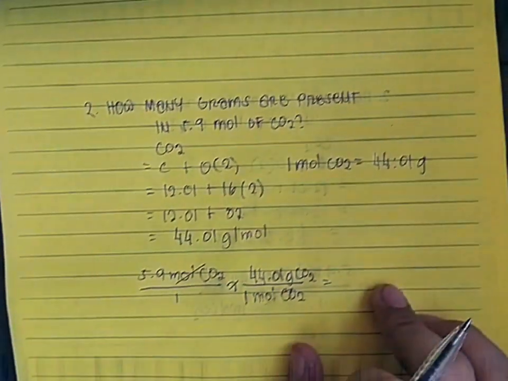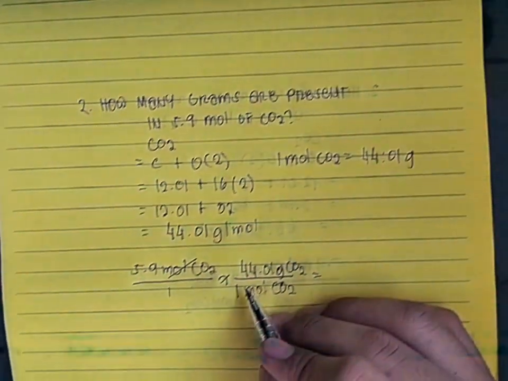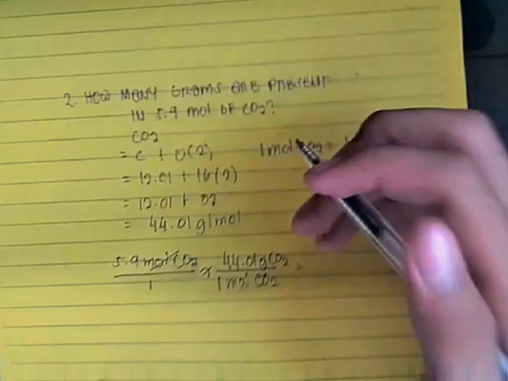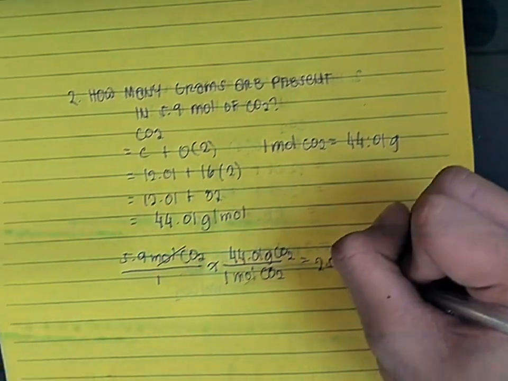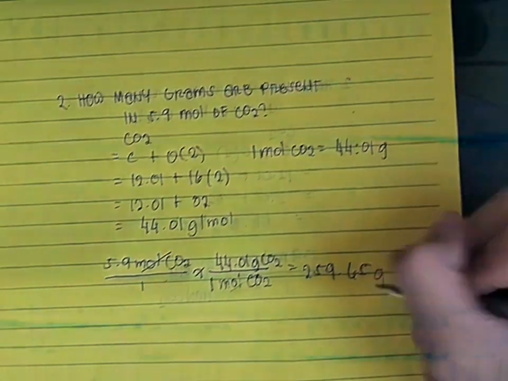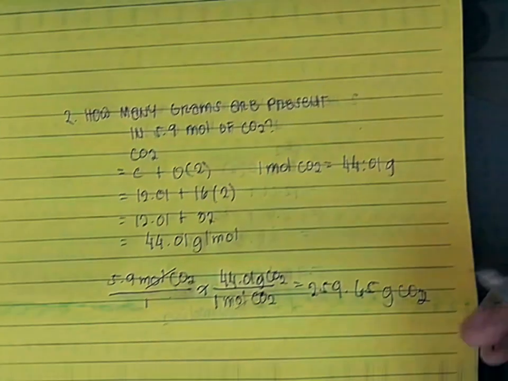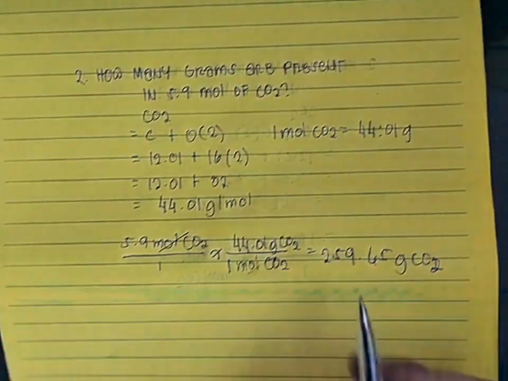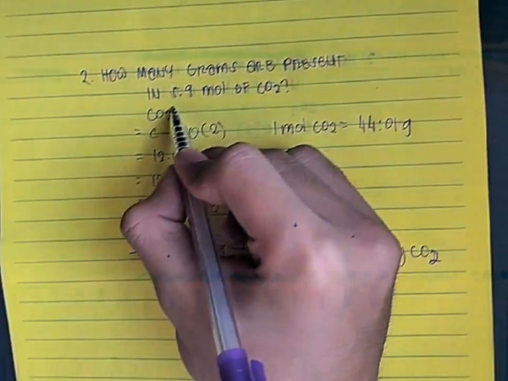Now we can create the calculation: 5.9 multiplied by 44.01 is equivalent to 259.65 grams of CO2. So there are 259.65 grams of CO2 in 5.9 moles of carbon dioxide.